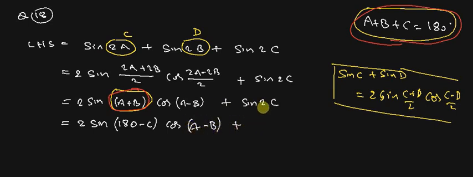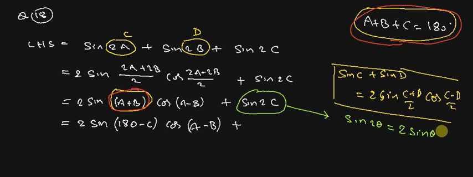What about sine 2c? Sine 2c means sine 2 theta. It is looking like sine 2 theta, and the result of sine 2 theta is 2 sine theta cos theta.